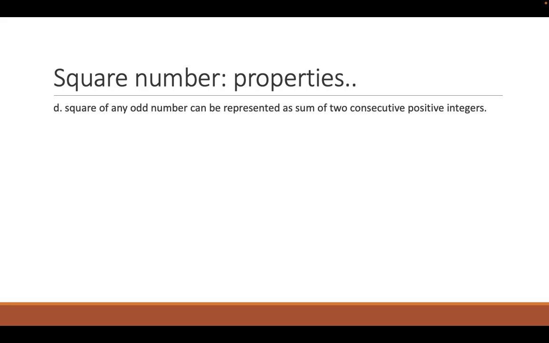Next pattern. The square of any odd number can be represented as the sum of two consecutive positive integers.